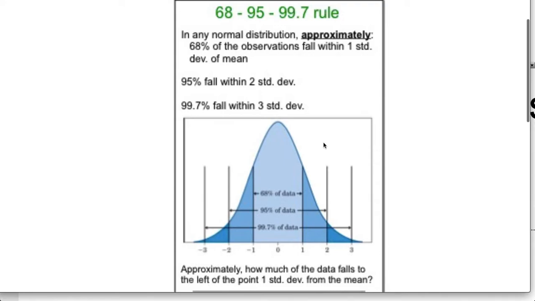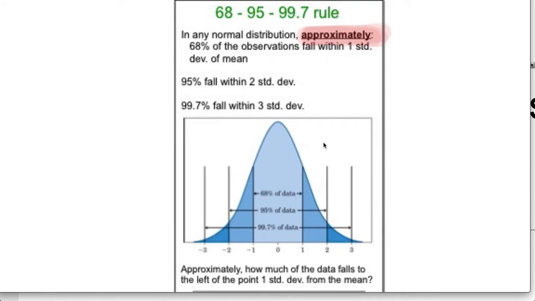So we have this rule, the 68, 95, 99.7 rule. What this rule states is that approximately 68% of the observations will fall within one standard deviation. I want to emphasize approximately.